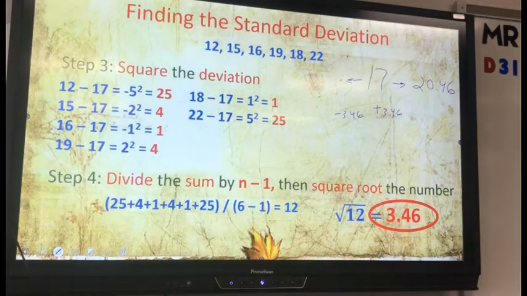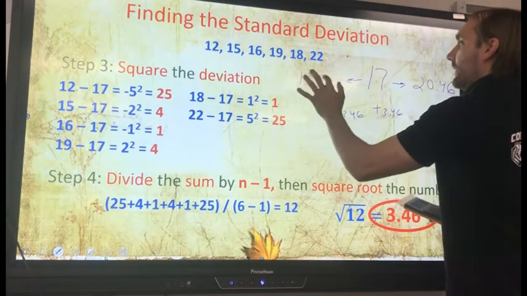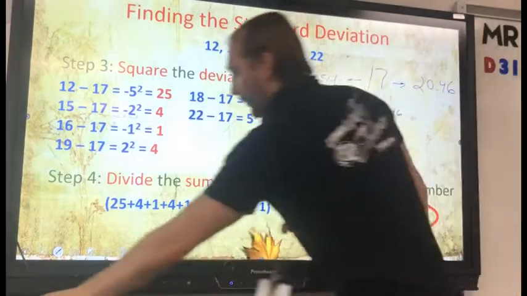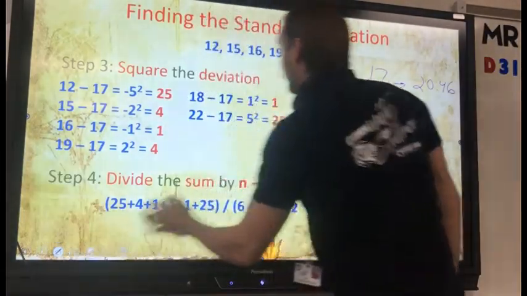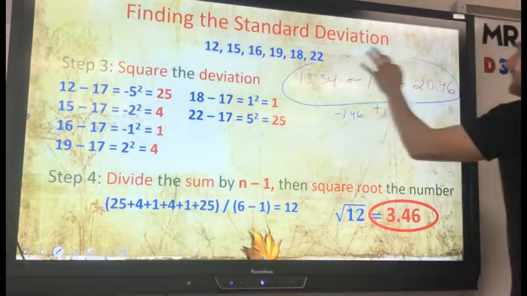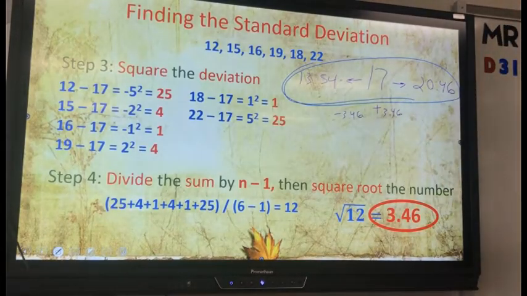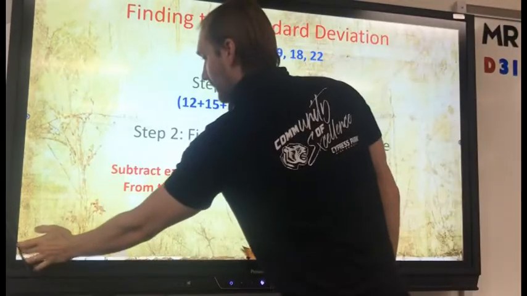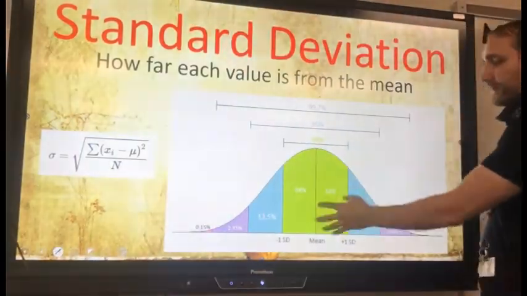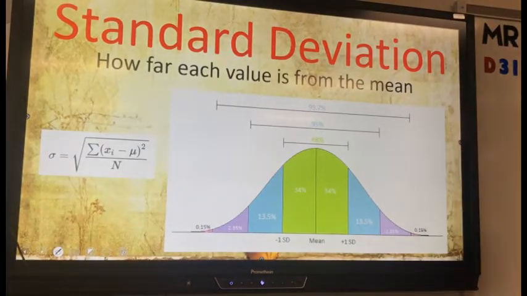Calculator? 17 minus 3.46 is 13.54. And what that means is, this range is talking about 68% of my data, between 13.54 and 20.46. It is this much right here in the green region. We're talking about that much, the majority of my data.